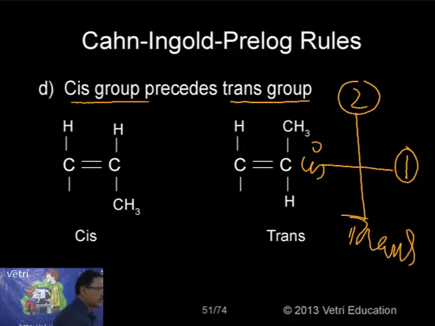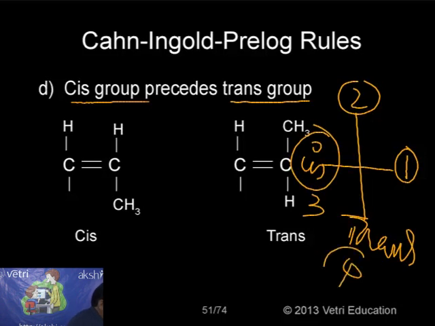Let us assume one is OH and the second some other group. Then for the third, we have to give priority. Whether cis or trans, the same group is attached. When one is in cis form and another in trans form, the rule says give priority to cis. That means cis is 3 and trans will be 4. So the cis group precedes the trans group. This is the way we have to follow.